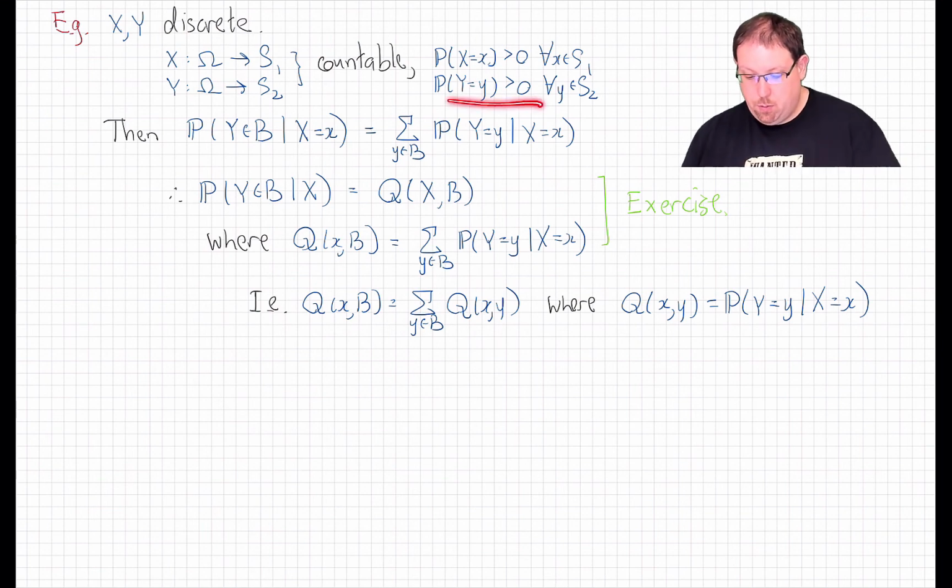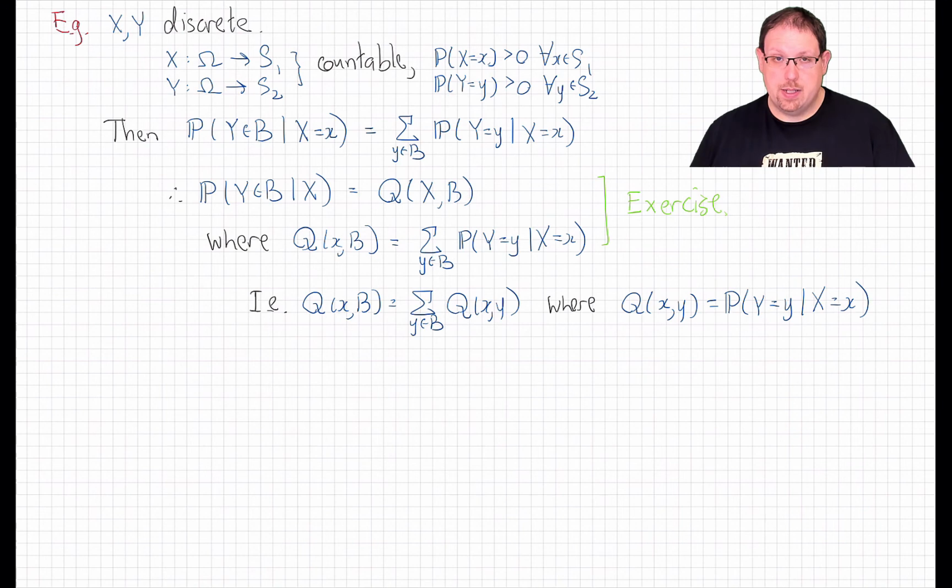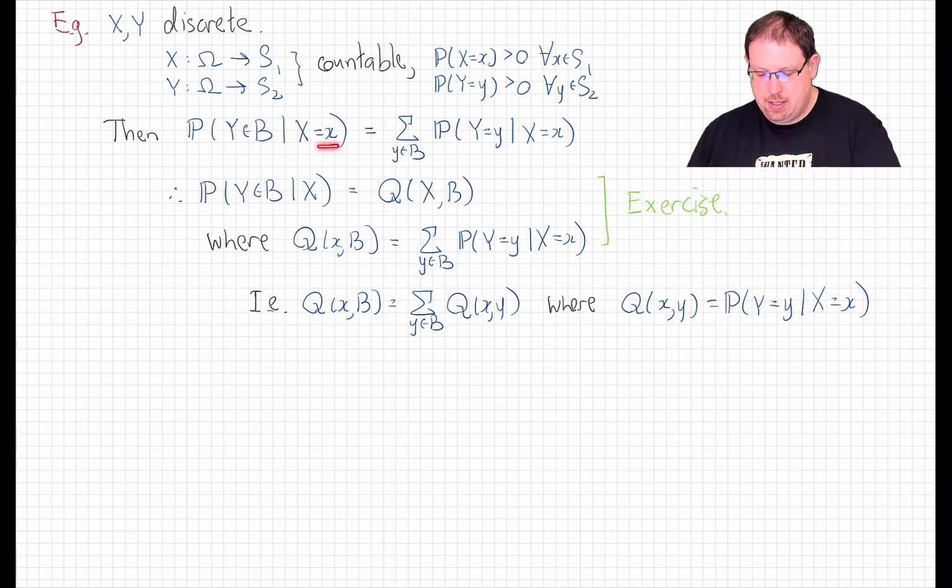And similarly for Y. Now, in that case, we can always, in the naive pre-measure theoretic probability sense, compute this number. For any set B in S2, we can compute the conditional probability that Y is in B given that X equals little x. Since this is a positive probability event, it is a new probability measure on the same sigma field, which is the full sigma field in this case. And so by countable additivity, you can compute this just by summing over all elements of B the conditional probability that Y equals little y, given that X equals little x.